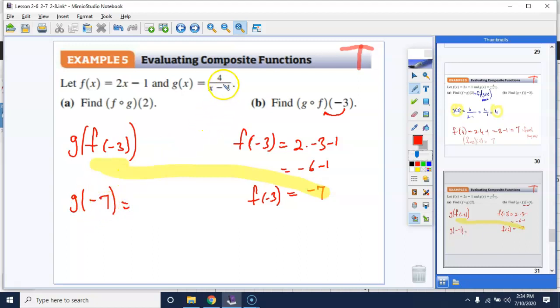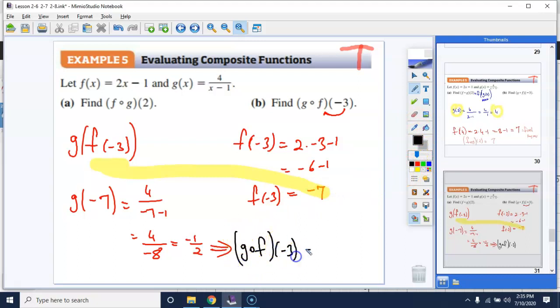To calculate this, I should go here. 4 over negative 7 minus 1, which is 4 over negative 8. That's my answer. If we simplify, I should get negative 1/2, right? So in conclusion, g of f of negative 3 should be equal to negative 1/2, which is my answer.